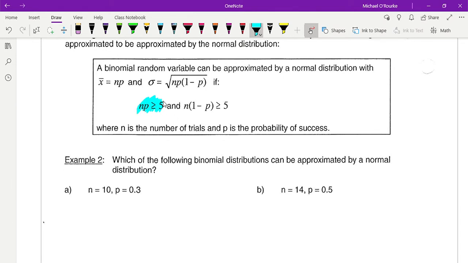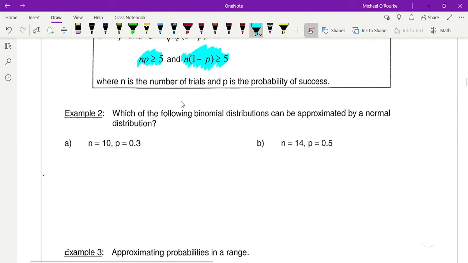Only if the mean is greater than 5, and this is greater than 5. You just have to test it right before you start. So we'll do a couple of tests here real quick.